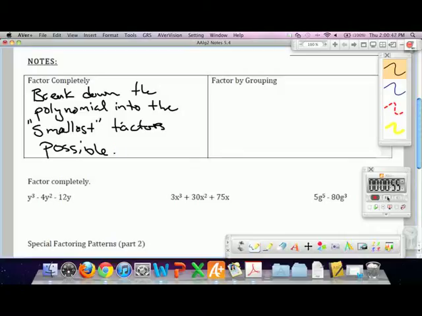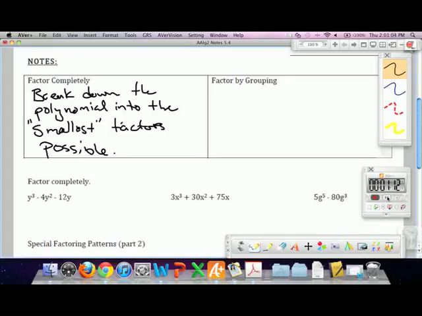When we factor by grouping, we're going to group our polynomial into smaller parts, and we're going to factor out the greatest common factor from two smaller parts, from the components, I guess you could say, of our polynomial.